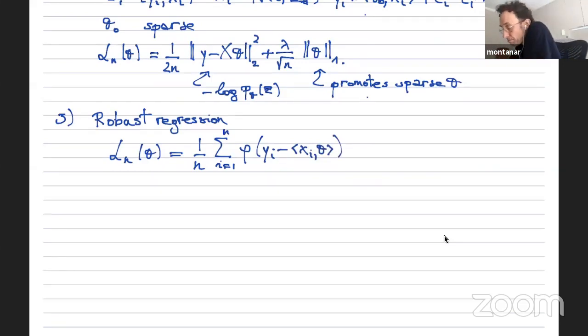For instance, you can take rho to be the absolute value.